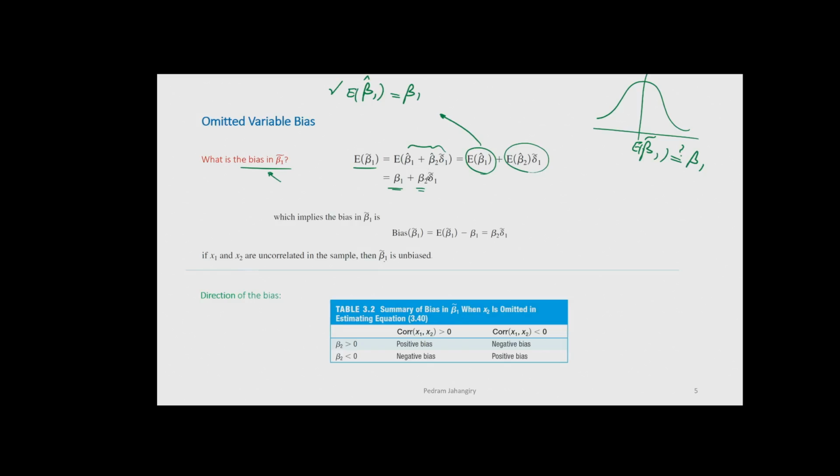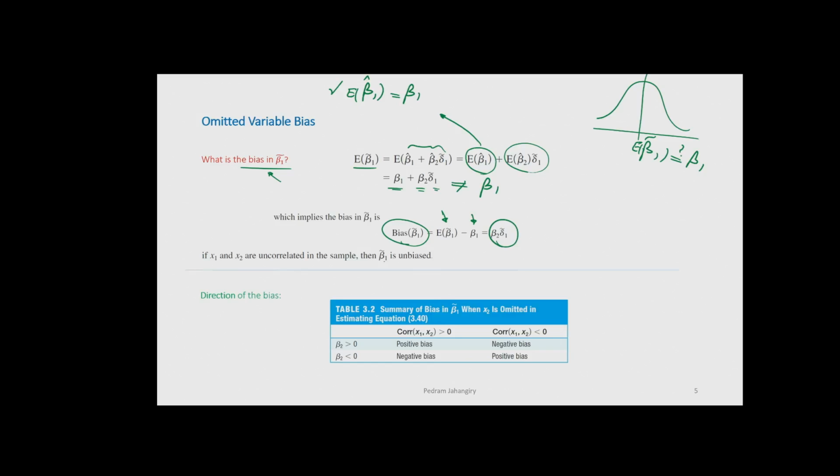So I know this for a fact, and multiply by delta tilde 1. The point is that this is not equal to beta 1. Because if it is not equal to beta 1, then our beta tilde 1 is going to be biased. And how do we calculate the bias? Simply the expected value of beta tilde 1 minus beta 1, and it's going to be your bias. In this case, the bias is going to be beta 2 delta tilde 1.